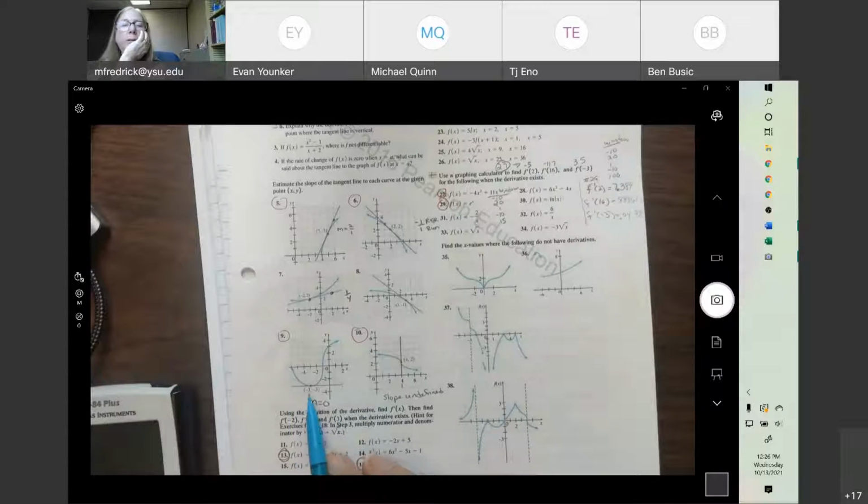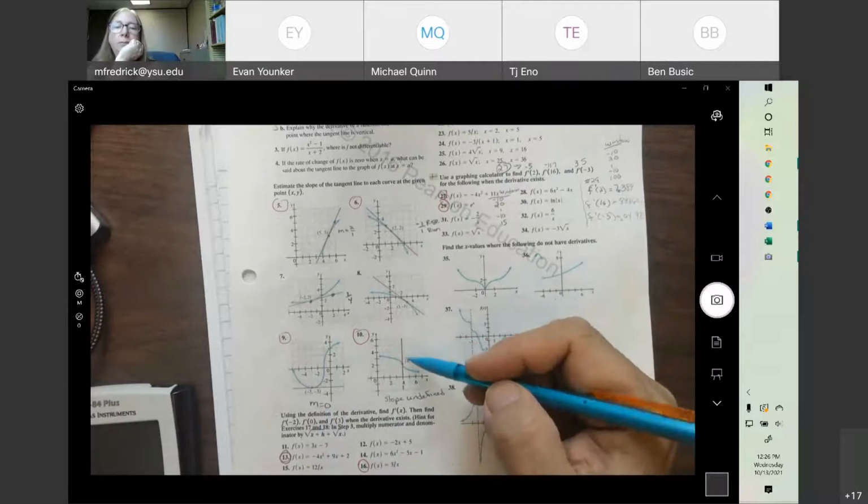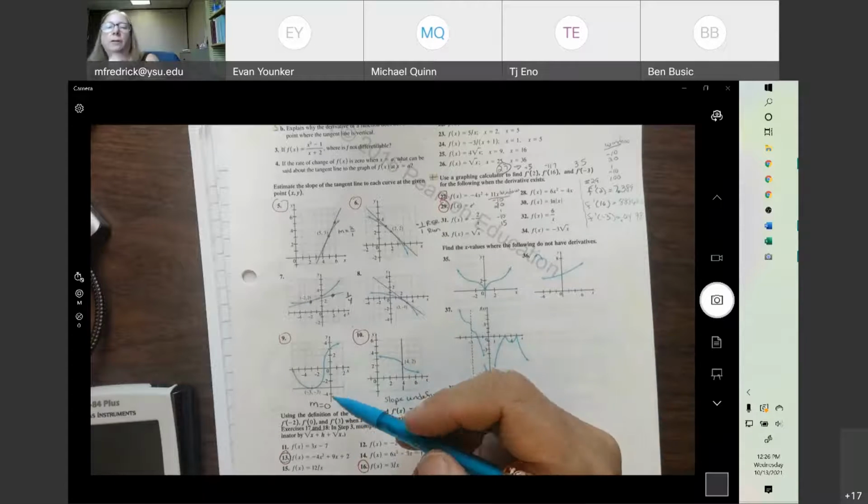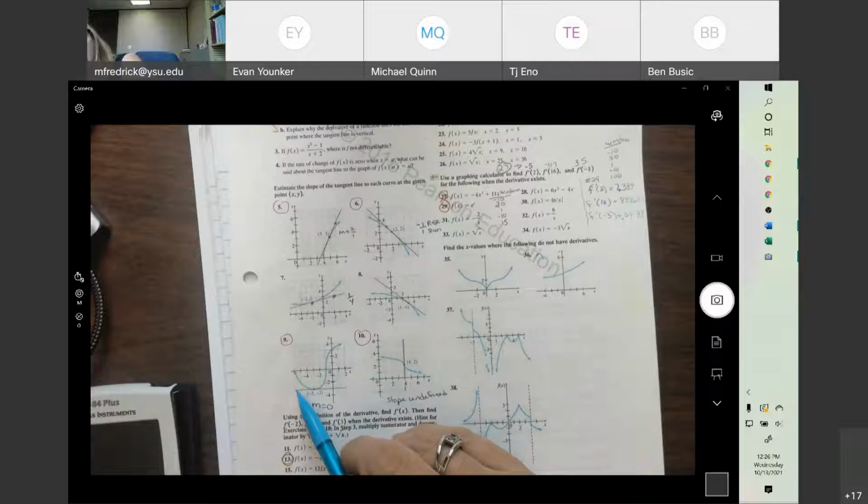This one, a horizontal line, remember slope is 0. A vertical, the slope is undefined. Also, notice this one where the slope is 0, the tangent line. Look, that's a low spot on the curve.